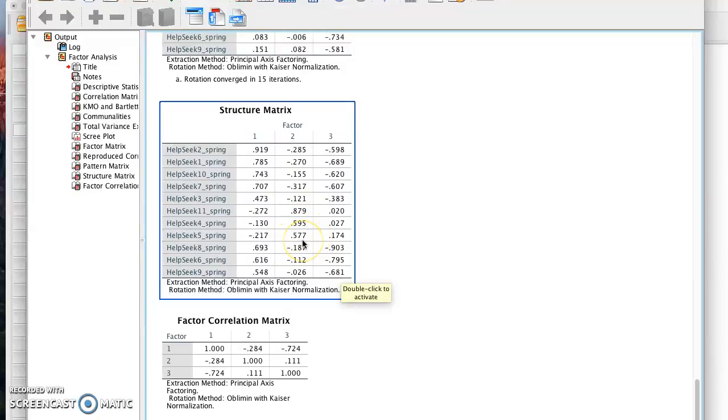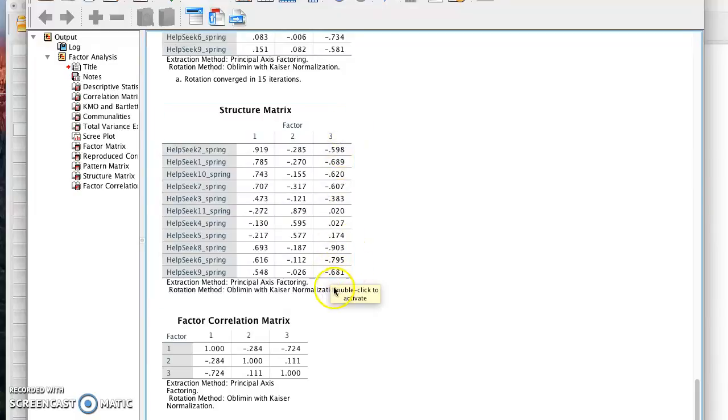But when we force SPSS to create 3 factors for us, it did try to come up with this 3-factor solution and have 8, 6, and 9 all together for this third factor.